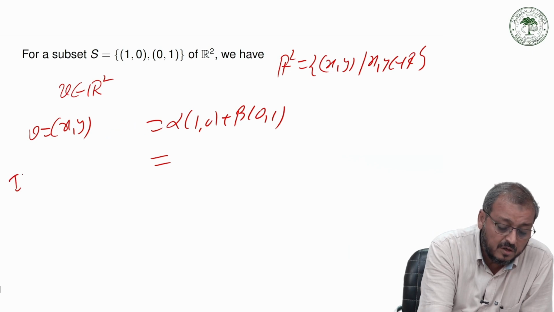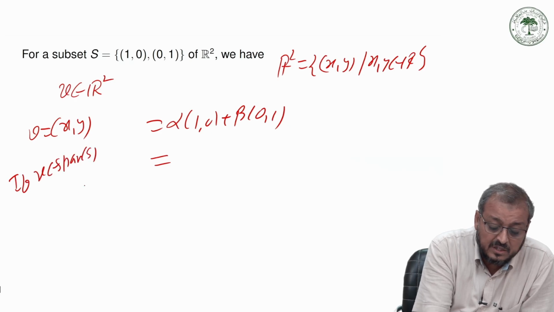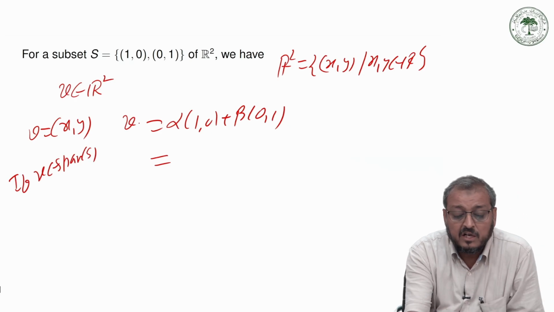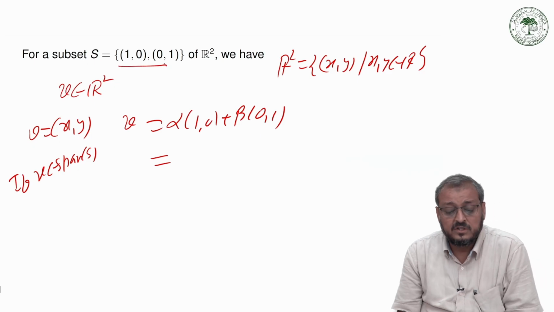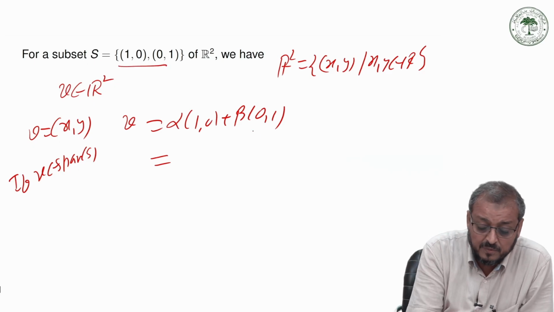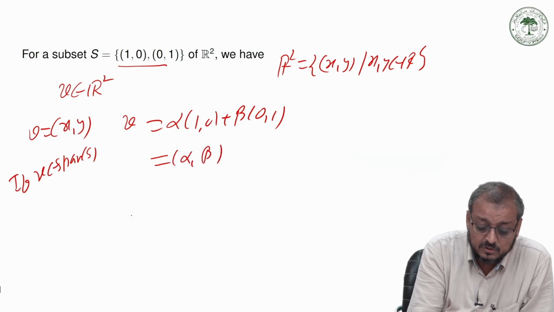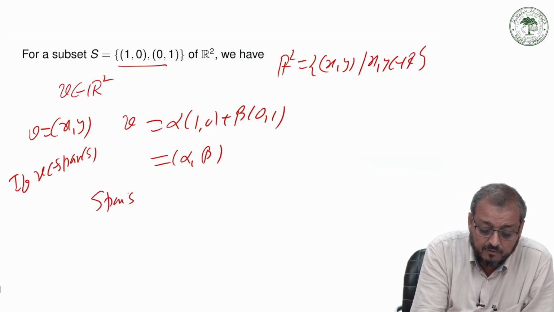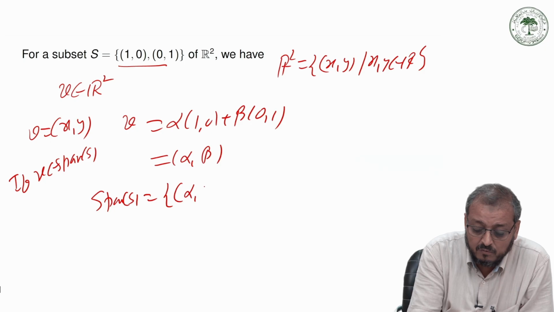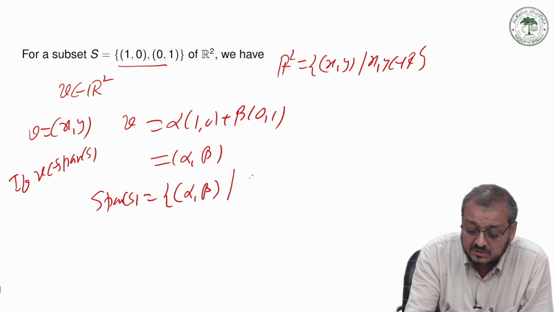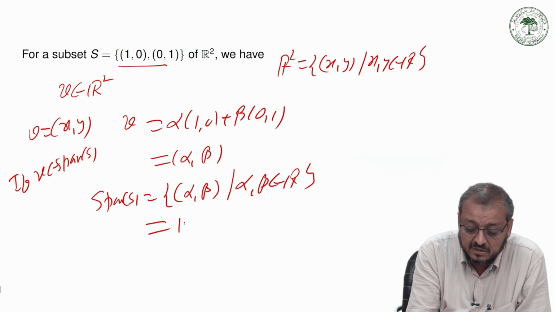If V is an element of the span of S, then V can be written as a finite linear combination of the vectors of S, so V is equal to (alpha, beta). This means the span of S is all elements of the form (alpha, beta) such that alpha and beta are real numbers, which is nothing but the whole of R2.